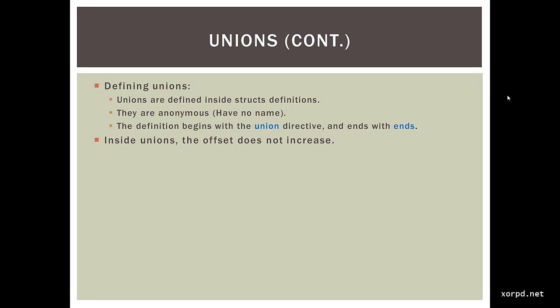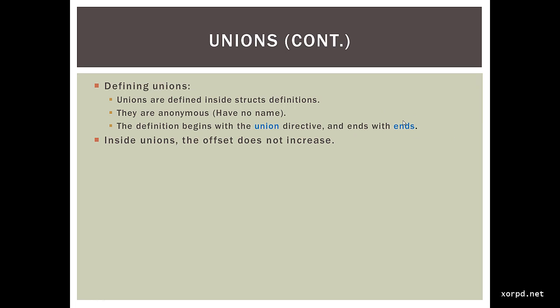Unions are anonymous, which means that they have no name. The definition begins with the union directive and ends with ENDS. I want to emphasize it, ENDS also ends structs. So you can use this directive ENDS to end a union or to end the struct.